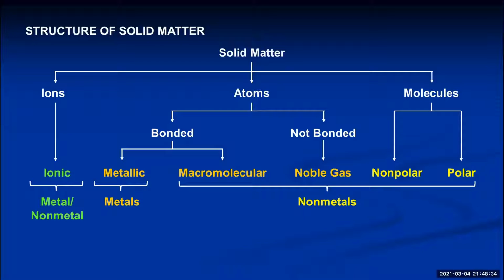And there's actually three different types of solids that can be made of atoms. The first type are metallic crystals or metallic solids. These are made up of millions and millions of metal atoms like iron, like gold, like copper. And what holds them together, because they're actually bonded, is they're held together by having the metals shed their valence electrons.